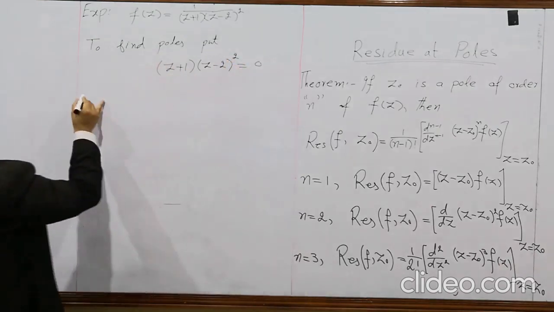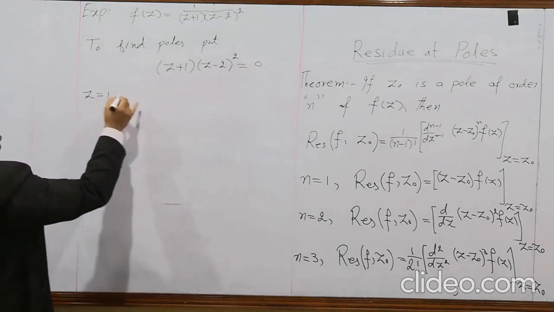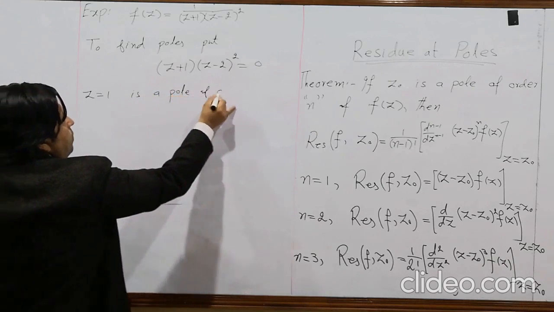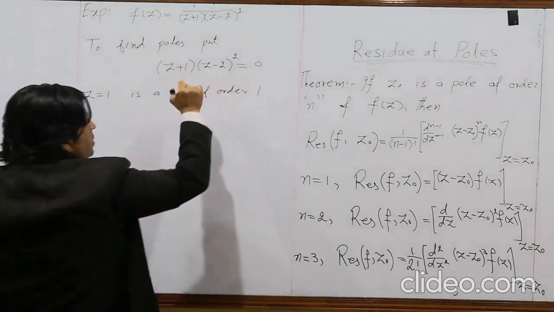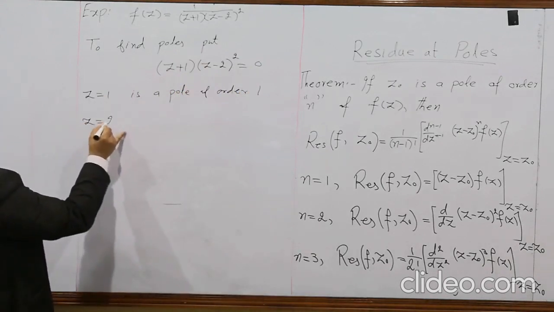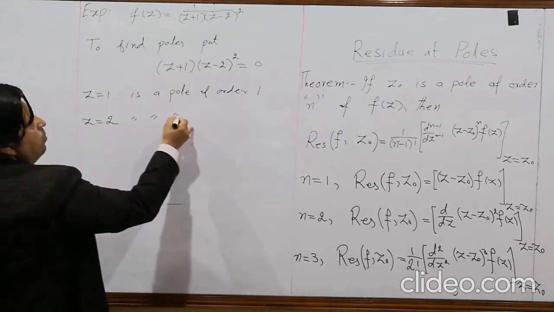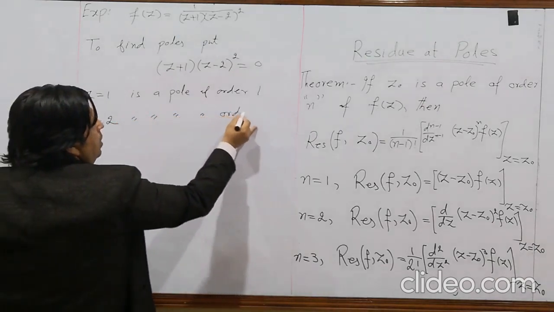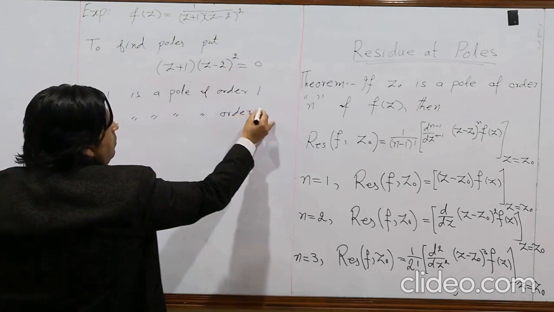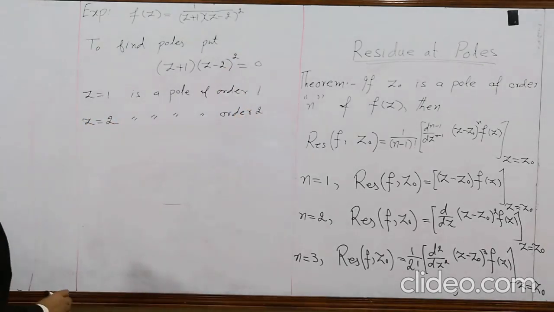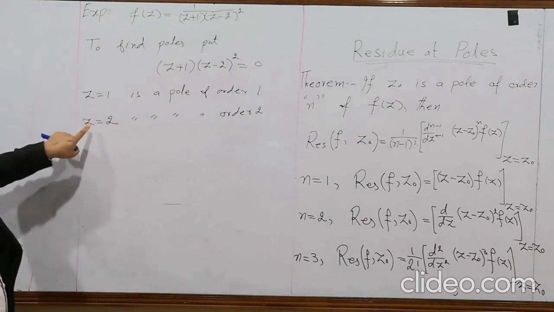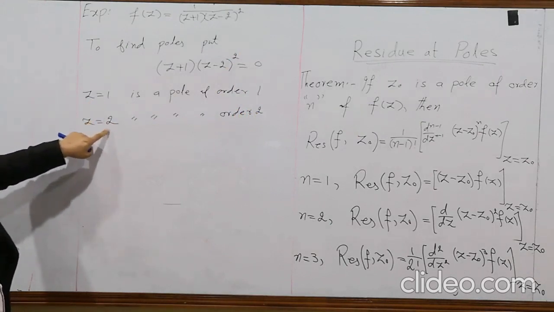And from this you can get that z is equal to minus 1 is a pole of order 1, which is a simple pole. And z is equal to 2 is a pole of order 2. So this is a pole of order 2.